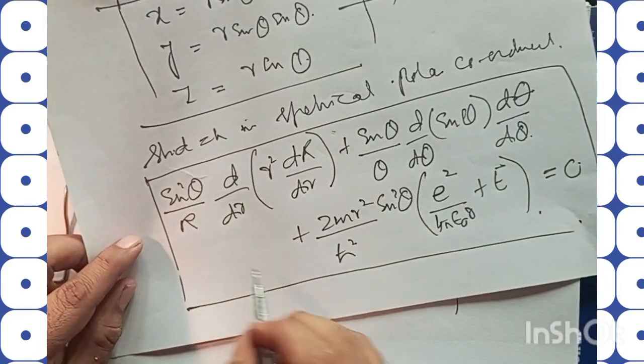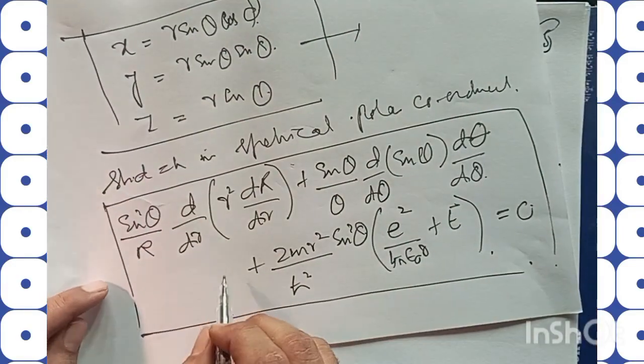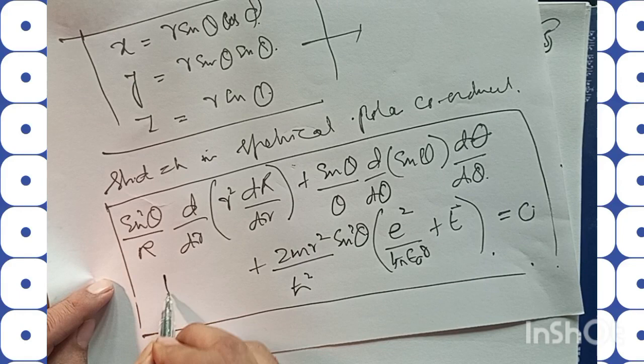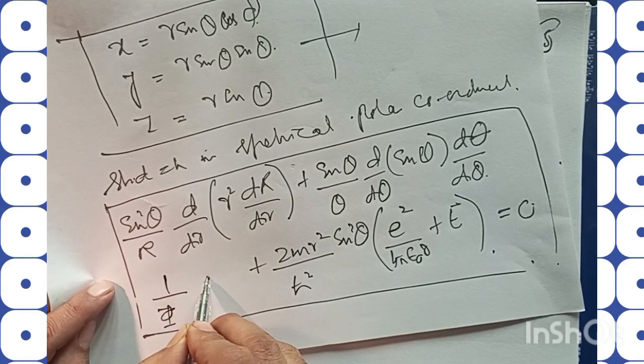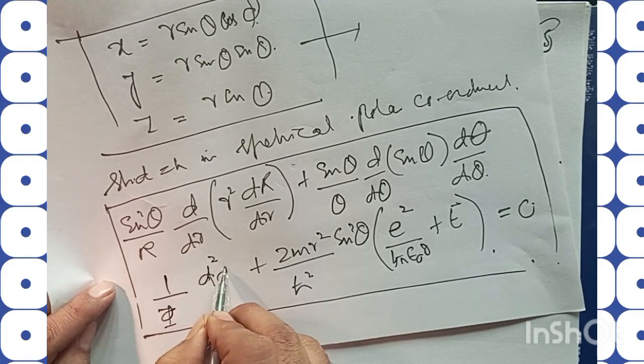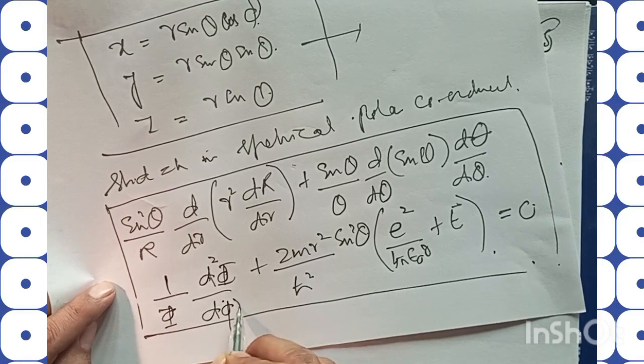For that, we will have for the phi part, which I had missed here, 1 by phi d2 capital phi by d small phi 2.